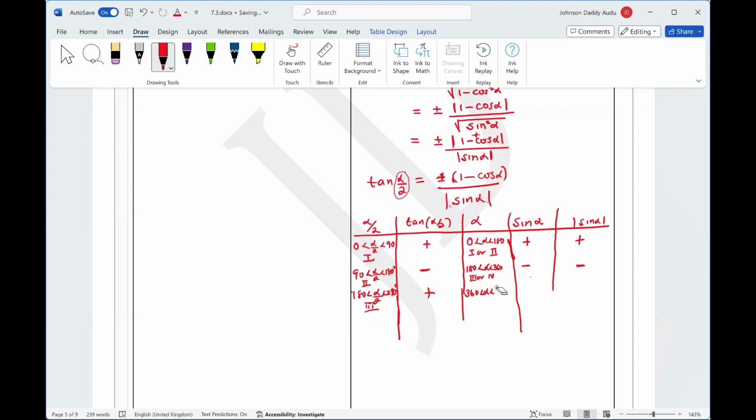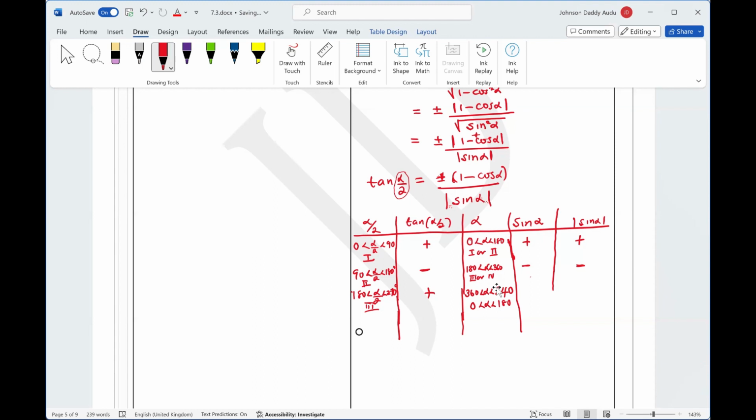That is where we have alpha. And for you to know the quadrant, you can see that 540 is already bigger than 360. You can take the coterminal. If you subtract 360, this means 0 less than alpha less than 180, because 540 minus 360.